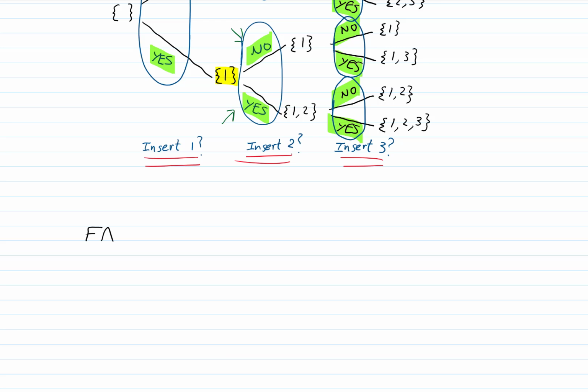Let's write this as a fact. If A is finite, then A has, and I'm going to leave a blank, subsets. And I'm going to write down how many subsets it has. How many does it have?